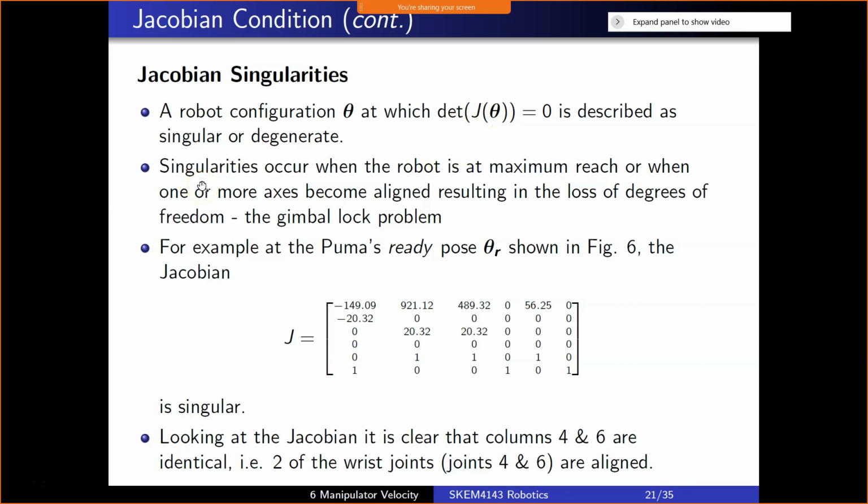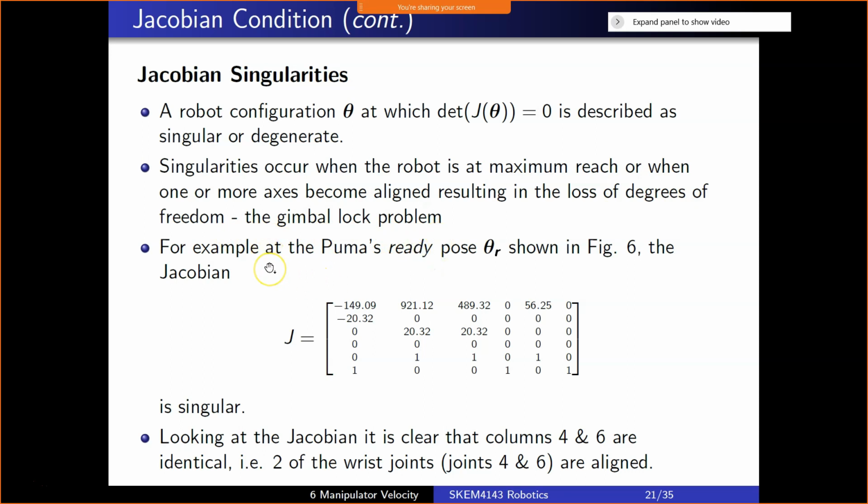But in robotics applications, there's a phenomenon called singularity. Singularities occur when the robot is at maximum reach, or when one or more axes become aligned, resulting in the loss of degrees of freedom. This is what we call the gimbal lock problem.